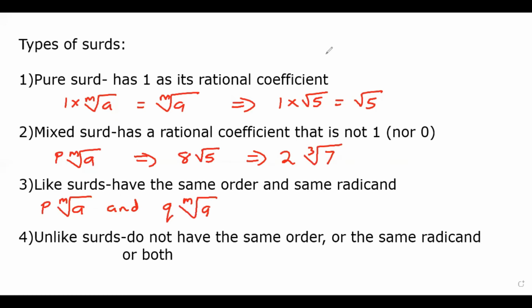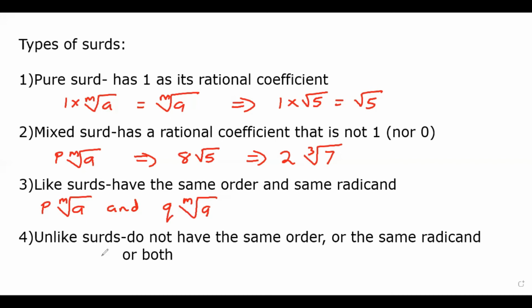Even though the coefficients are different, they must have the same order and the same radicand. The order here is the same and the radicand here is the same, so that means they are like surds.